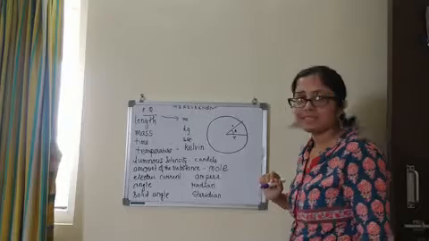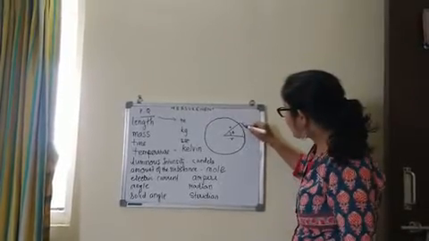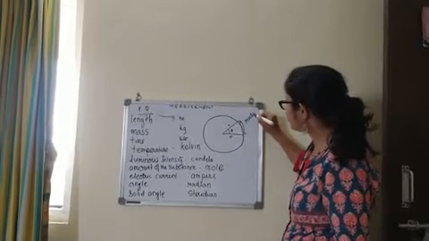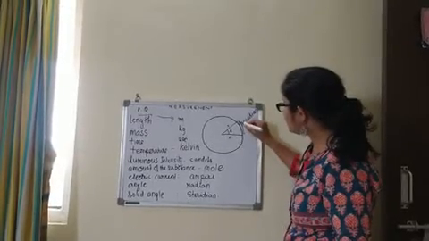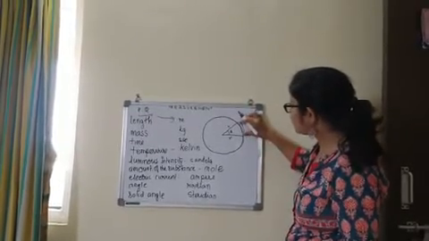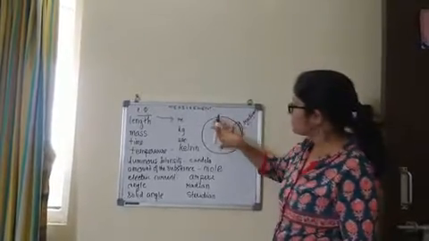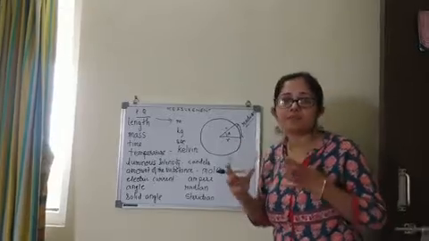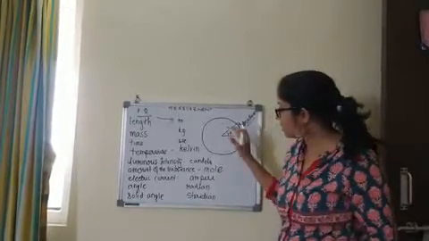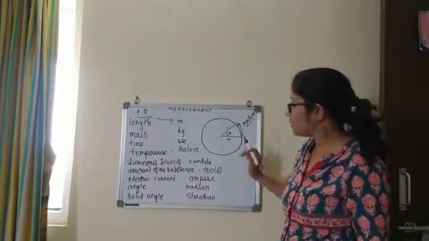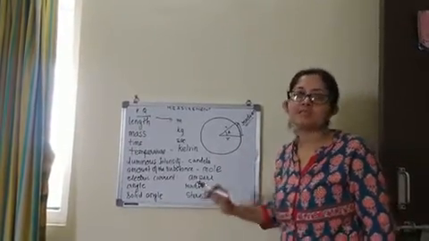Let's say theta is the angle. Now, this arc, this amount of length, is measured in radian. And if instead of a circle, I think of a sphere, a solid sphere, then with solid angle the unit will be steradian.